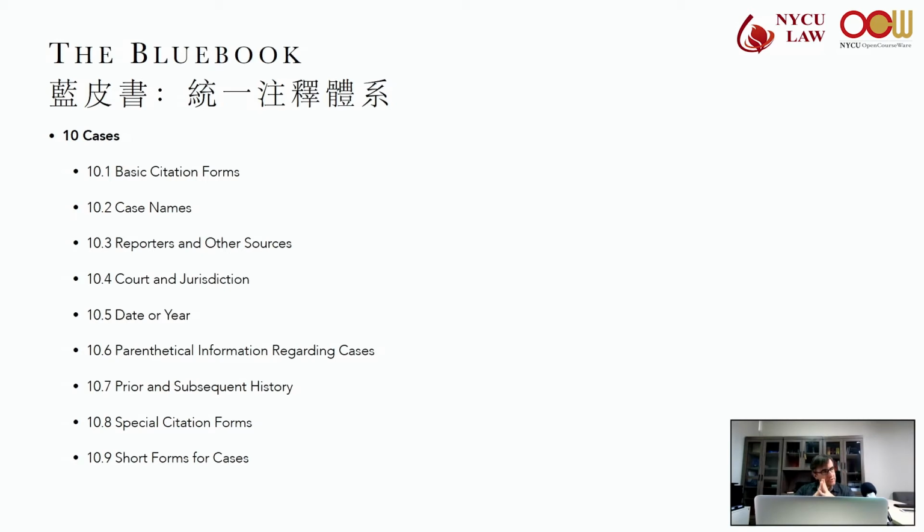So 10.2.2, additional rules for case names in citations. They mention you need to abbreviate words according to table T6, even if it's the first word in a party's name.